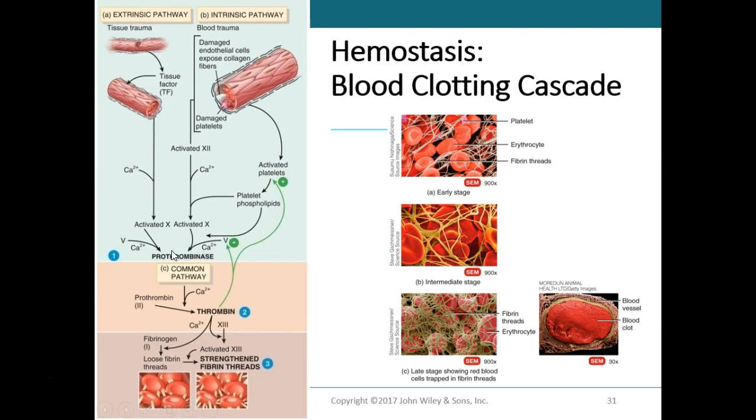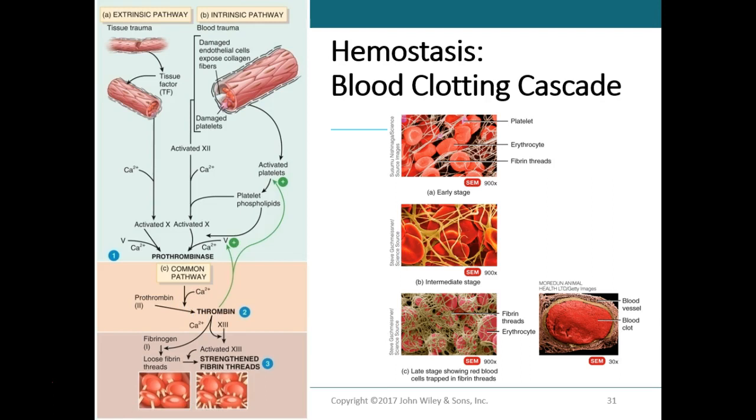Clotting factor 10 forms an enzyme or activates an enzyme called prothrombinase. ACE, remember, enzyme. Prothrombinase takes prothrombin in the presence of calcium and activates it into thrombin.